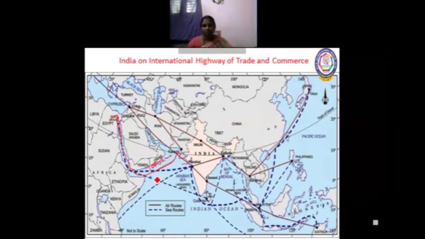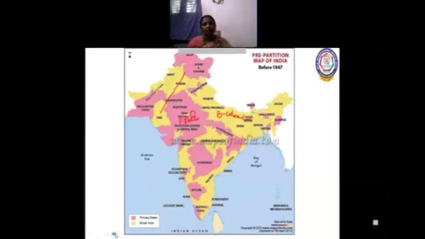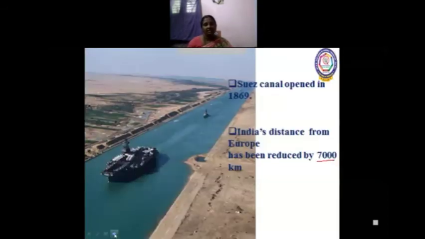If it was not there, we would have to take a full circle to come to India. But because the Suez Canal is there, it has been a really great credit to our country, and they have reduced almost 7,000 kilometers, children. That's the reason why it plays a vibrant role. This canal plays a very vibrant role as far as India is concerned.